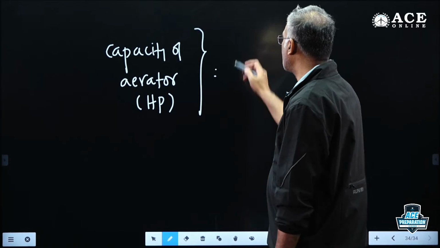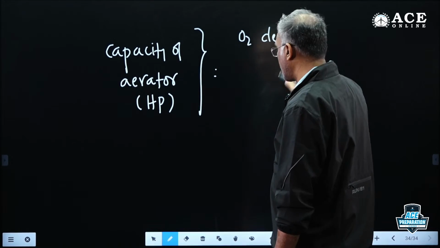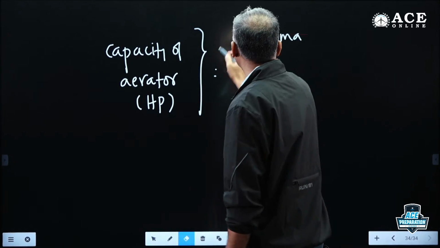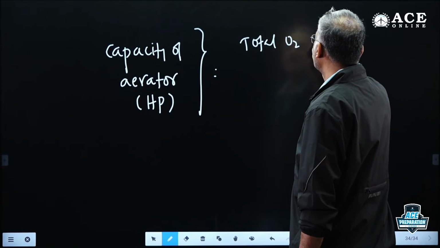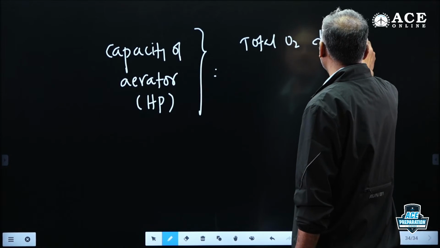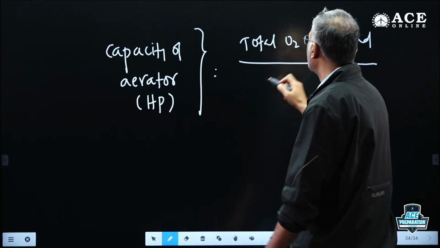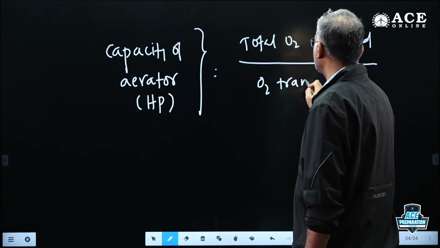Capacity of aerator required is equal to the total oxygen demand it has to supply, divided by the oxygen transfer capacity of the aerator.